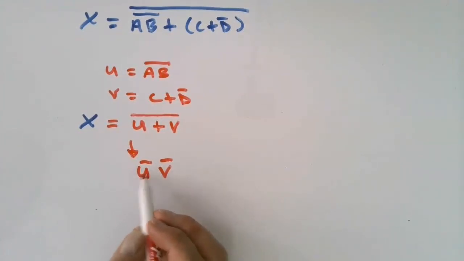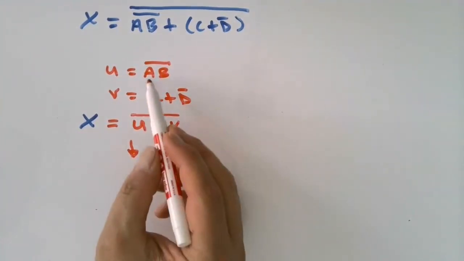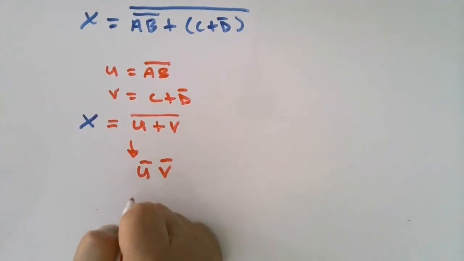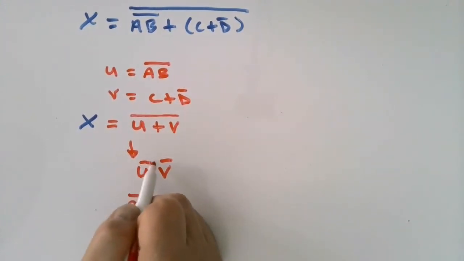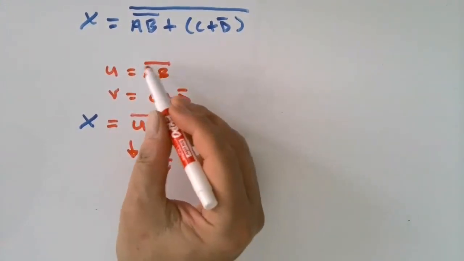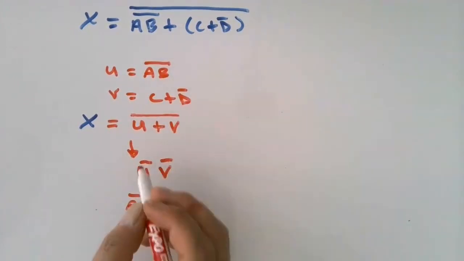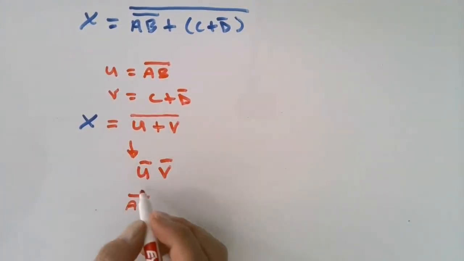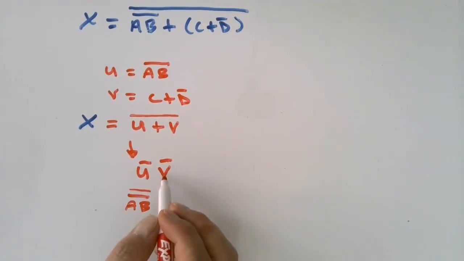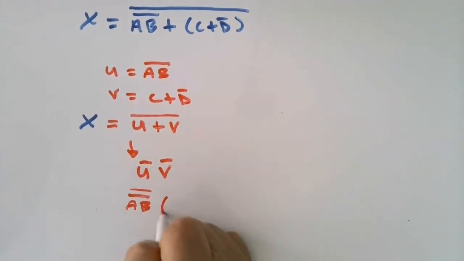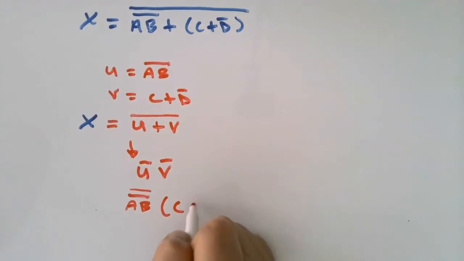So U is A and B naught, but we also have a bar over it. Remember, U represents A and B naught, but when we complement U, we have a double bar there. And then we're ANDing it with V, which is C or D naught.